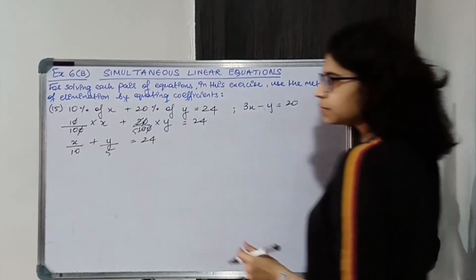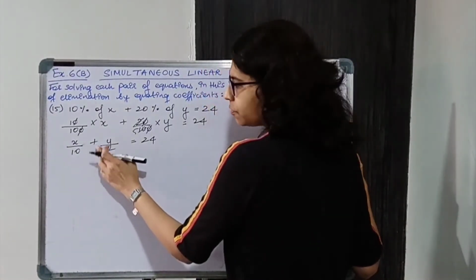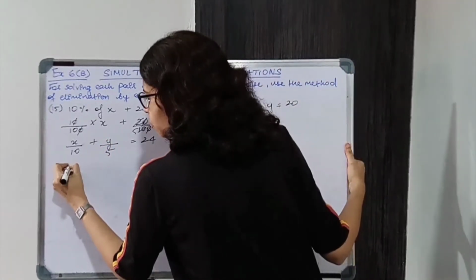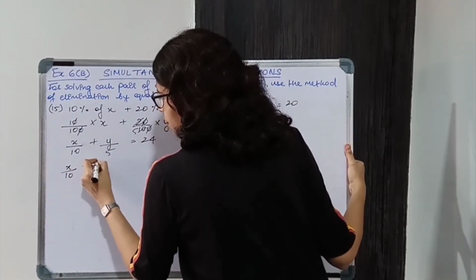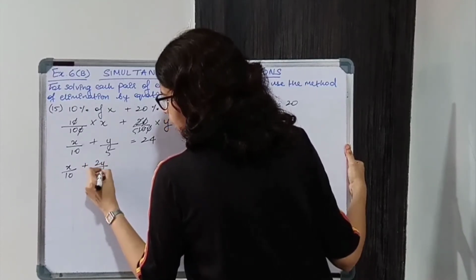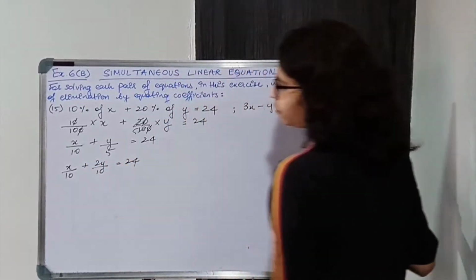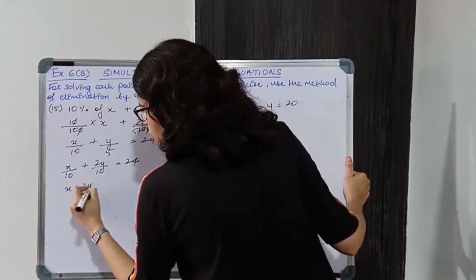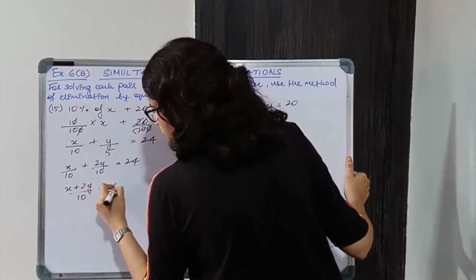Now take LCM, we'll make this 10, multiply and divide by 2. So x by 10 plus 2y by 10 is equal to 24. So x plus 2y by 10 is equal to 24.